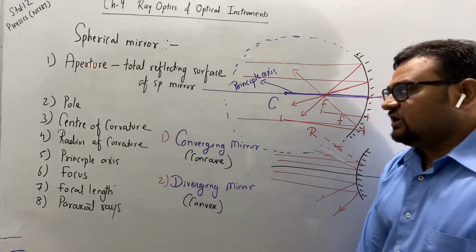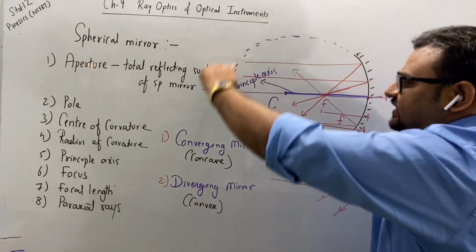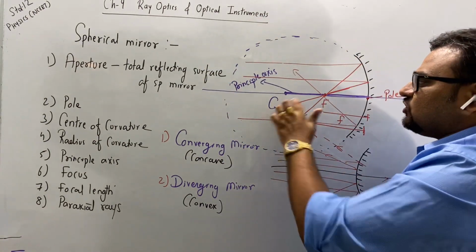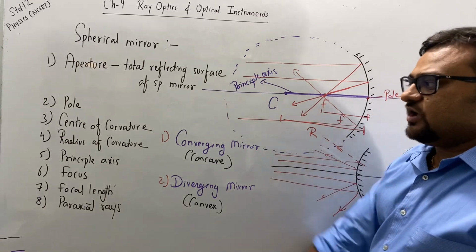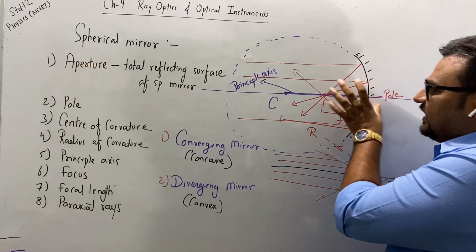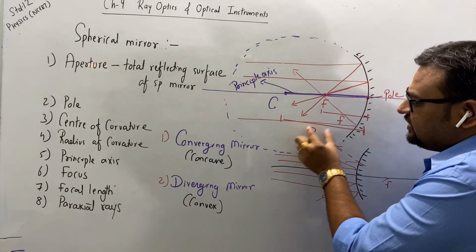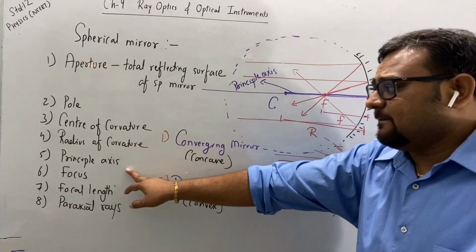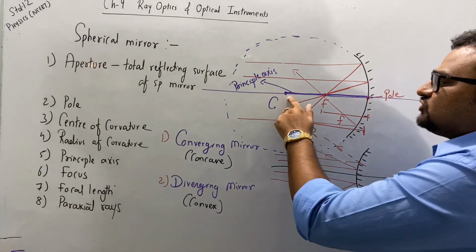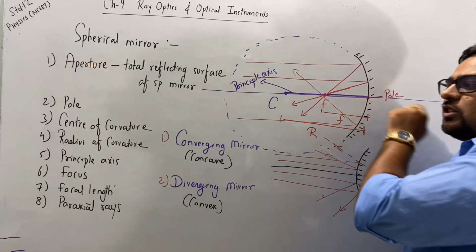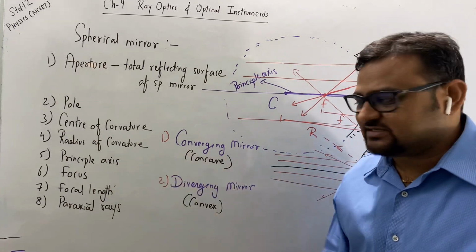Center of curvature, the center of the spherical shell from which the spherical mirror is made is called center of curvature. Okay, radius of curvature, the distance between the pole and center of curvature is called radius of curvature. Principal axis, the line joining the center of curvature and pole is the principal axis.